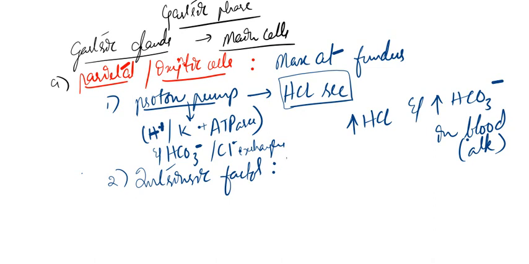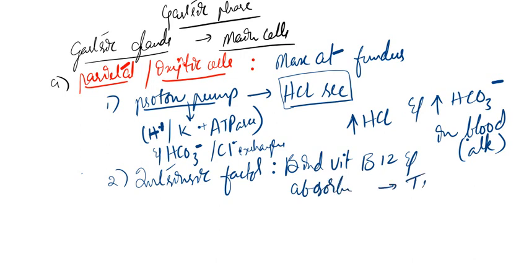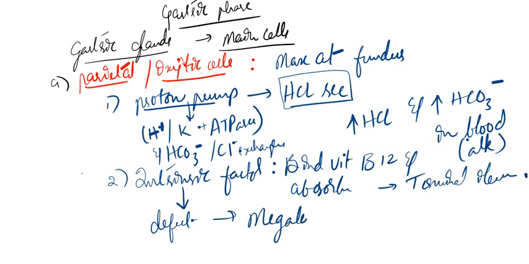It helps in binding of vitamin B12 present in the duodenum, and it is absorbed in the terminal ileum. If a defect in Castle's intrinsic factor occurs, it leads to megaloblastic anemia.